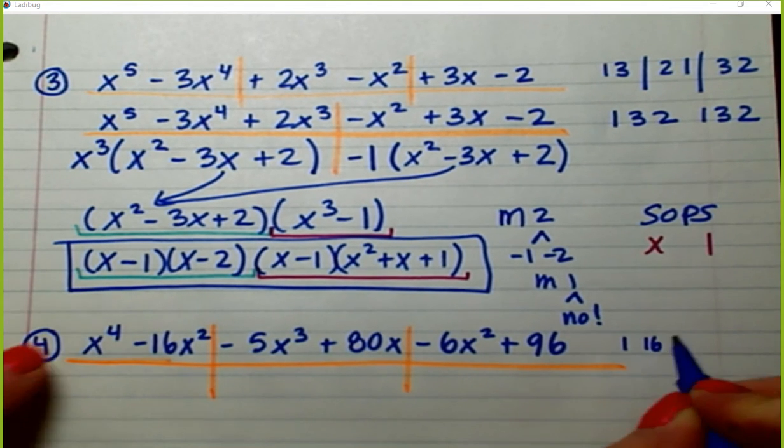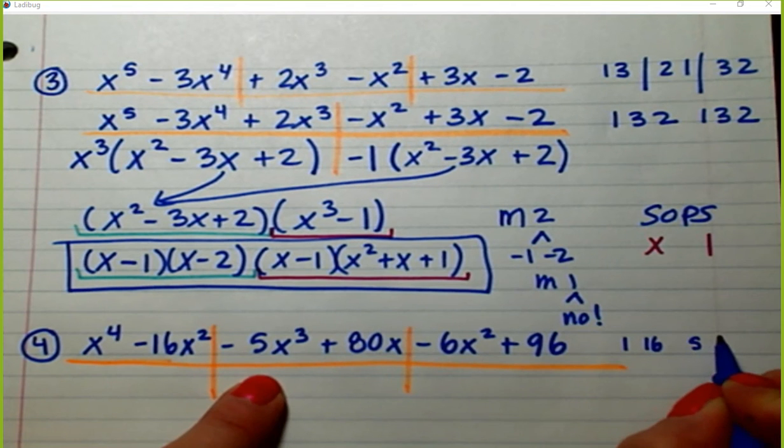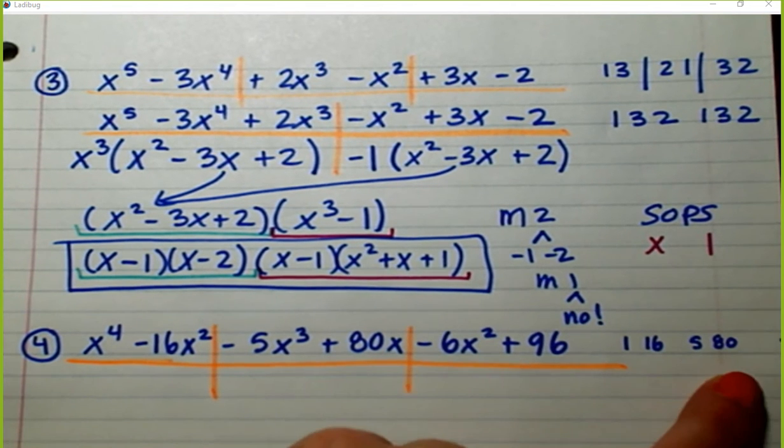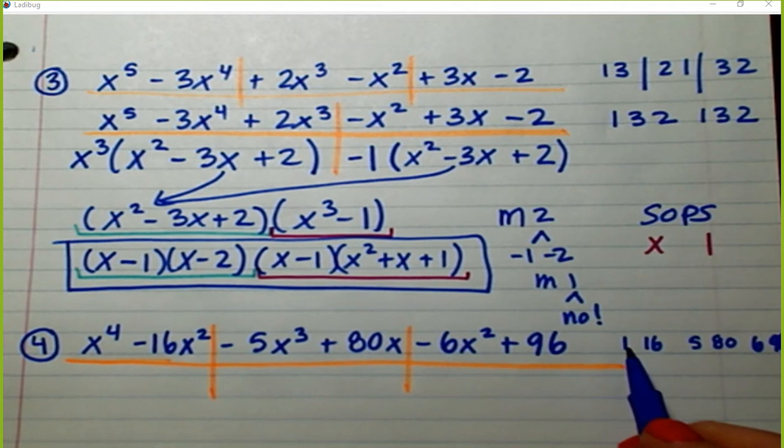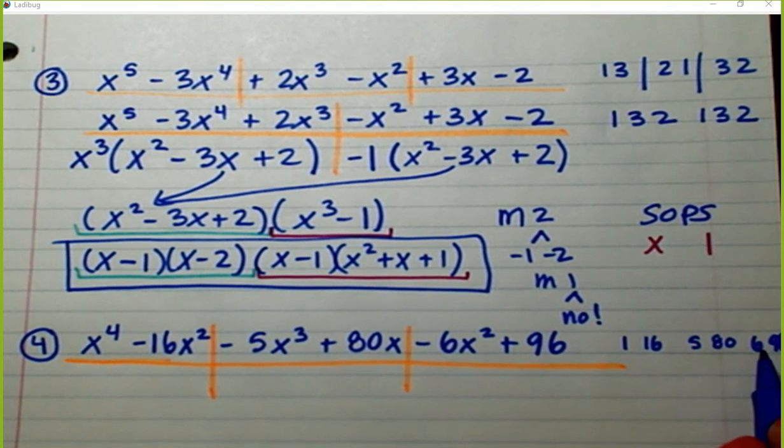1 and 16, 5 and 80, and 6 and 96. 1 to 5 and 16 to 80, times 5. 1 to 6, 16 to 96, times 5.